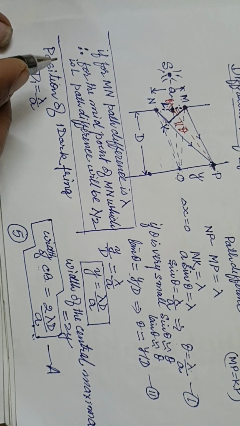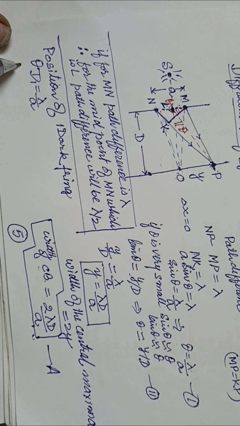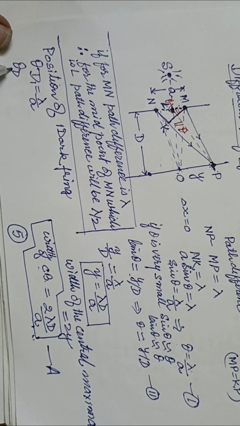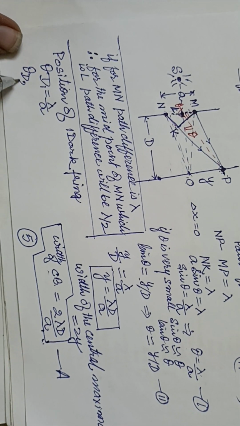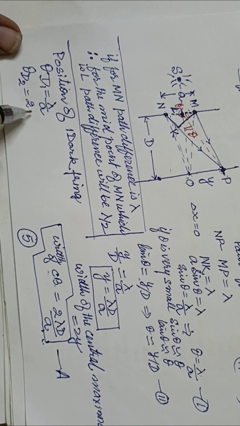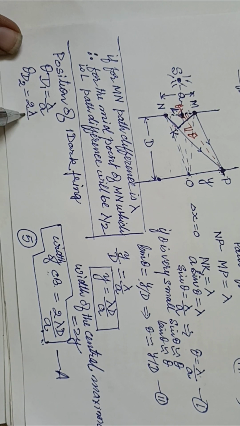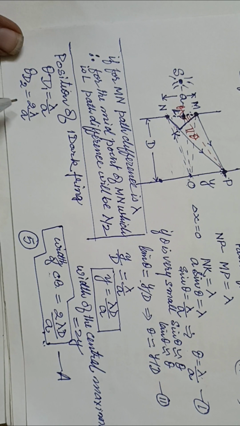Similarly for the second dark, it will be 2 lambda by a, and like that. For the third dark, 3 lambda by a.